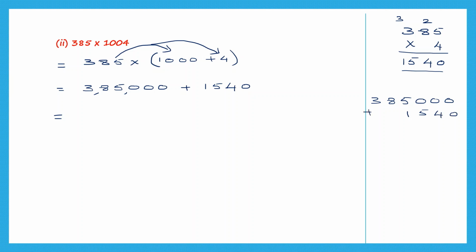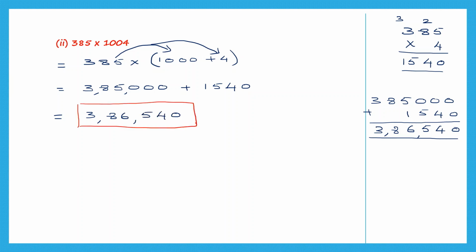So let's add up these two numbers. So 0, 4, 5. 5 plus 1 is 6 and then we have 8 and 3. So what do we have here? 3,86,540. Let's write it here. 3,86,540. So this is our final answer.